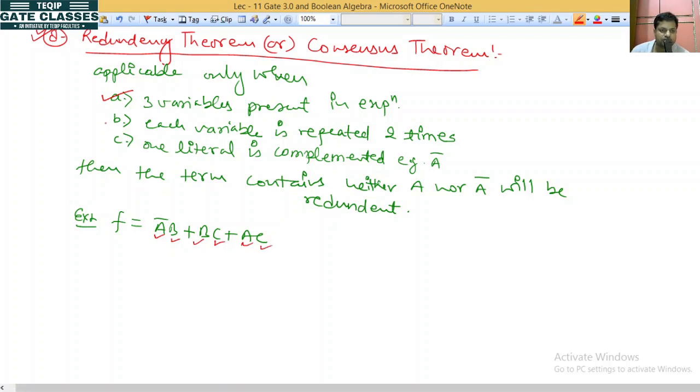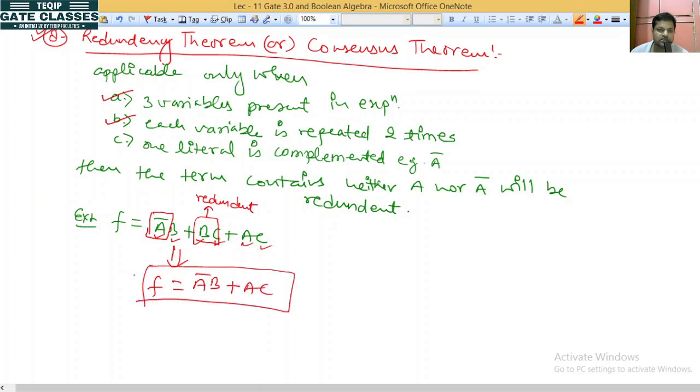So the second condition is also correct. Now one literal is complemented. So we have one literal that is in complemented form. So you can apply it. So what will be the redundant term? The term that doesn't have A or A bar is redundant. So this term will be redundant, so we remove that. So the answer will be A bar B plus AC.